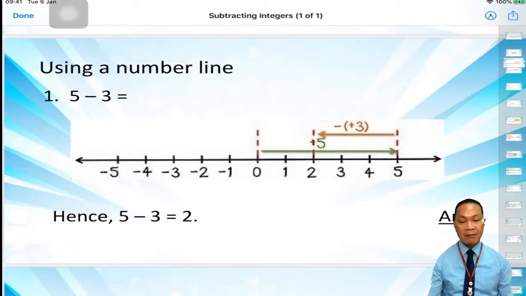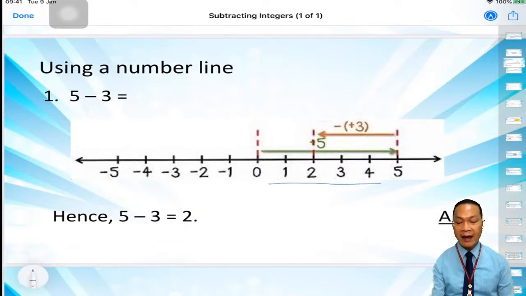Using a number line, number 1, 5 minus 3. Using a number line, 5 is positive. So we will start from 0 and move to positive 5. That is 5 minus, and 3 here is positive, minus a positive 3.